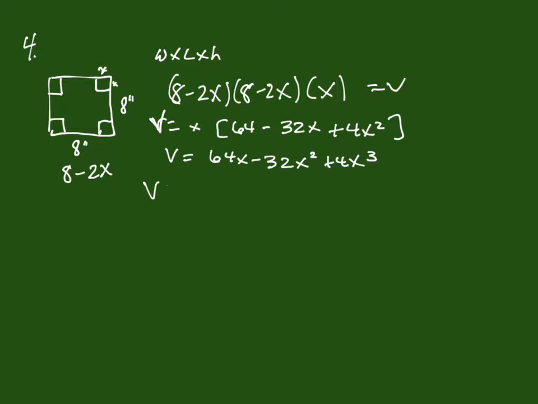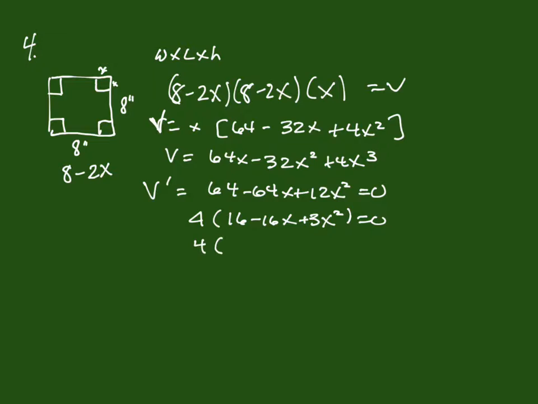So we take the derivative of that and we get 64 minus 64x plus 12x squared, and we set that equal to 0. Factor out a 4, you get 16 minus 16x plus 3x squared equals 0. So that becomes 3x minus 4 and x minus 4 equals 0. So x is equal to 4/3, or x is equal to 4.